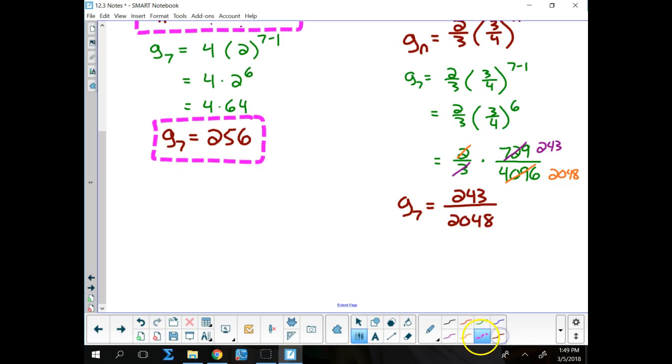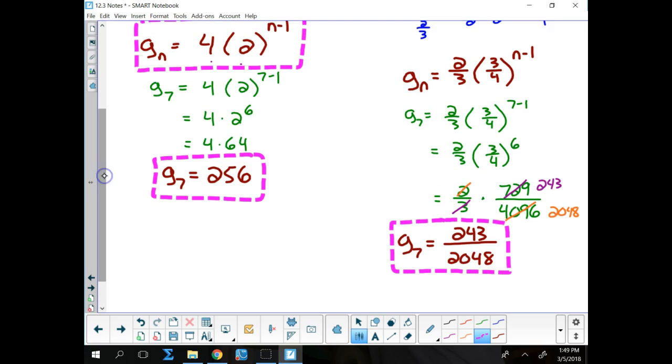Not the uber small decimal that you would possibly get if you'd actually do that. Okay. Fractional form with all of your answers. Questions on that? Okay.